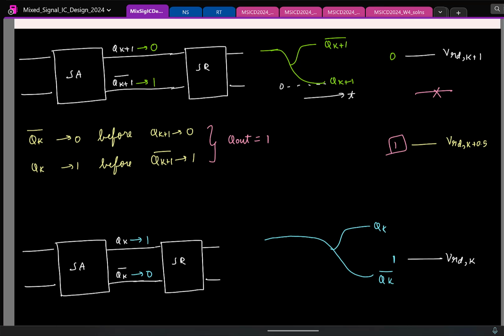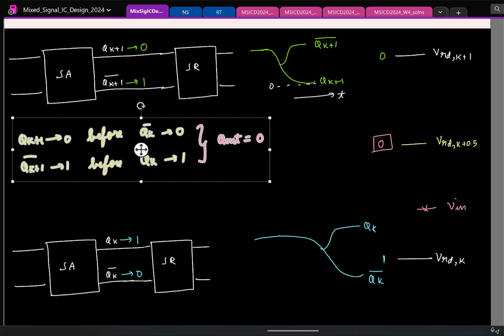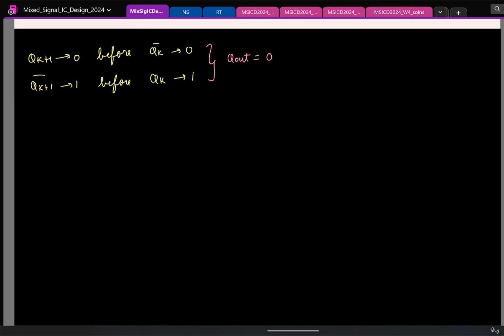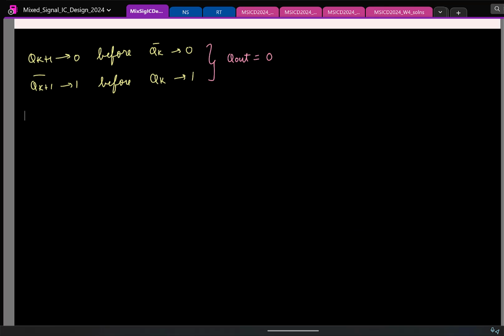Again, I have just rewritten the fact that in this range the top comparator will finish faster, in this range the bottom comparator will finish faster. That's all. So let me actually copy paste the statements we made. So this is the first case, this is the second case.